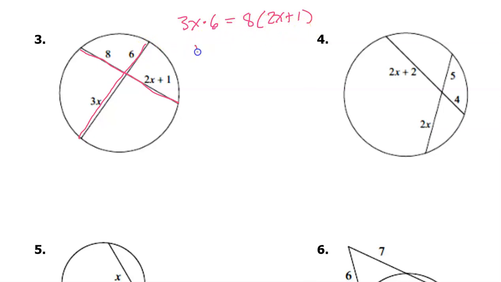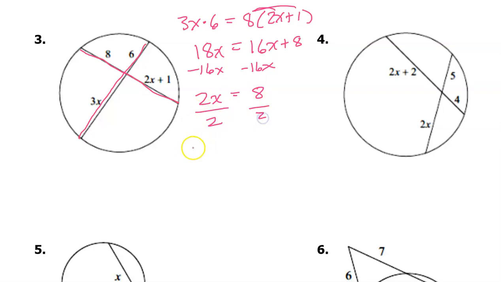This will give us 18x is equal to, and with a little distributive property, we will have 16x plus 8. Subtract 16x from both sides. That will leave you with 2x is equal to 8. And when you divide by 2, you get x is equal to 4.